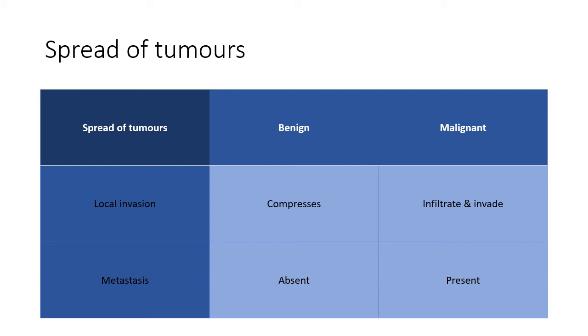But when you come to malignant tumor, the classic feature what you see here is they invade, infiltrate and destroy the surrounding tissues. And coming to metastasis or distant spread, in benign tumor there is no metastasis, and in malignant tumor there is or there can be metastasis.